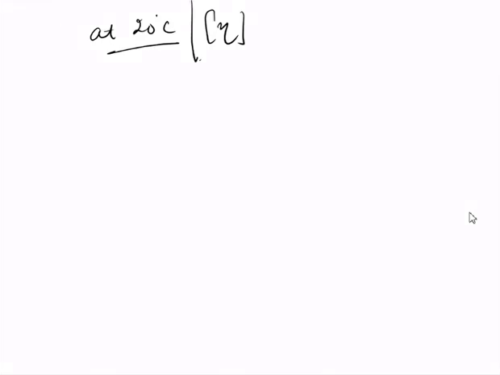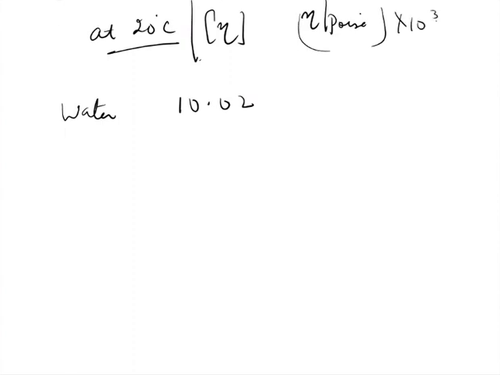For water it is around 10.02 in the units of poise, into 10 raised to 3. So for water it is 10.0, but for glycerol it is around 8550.